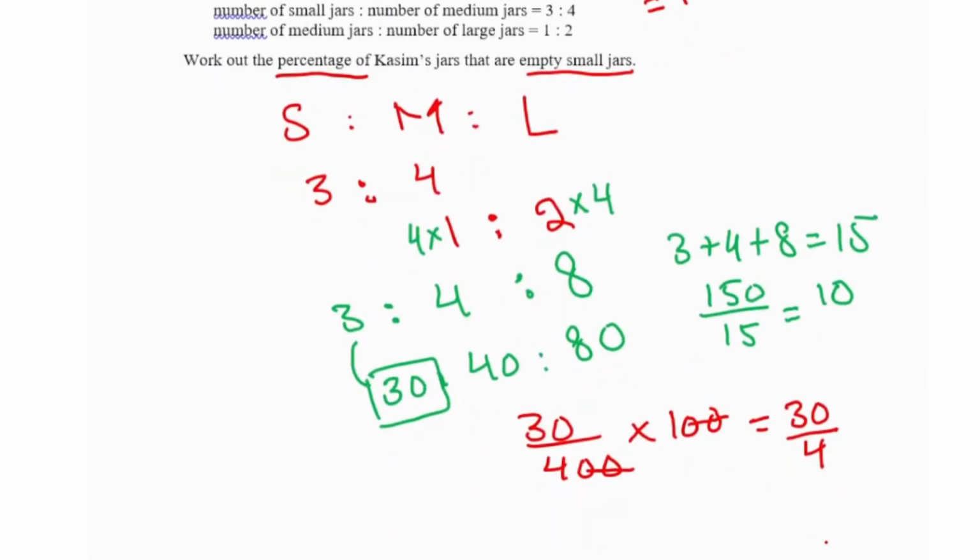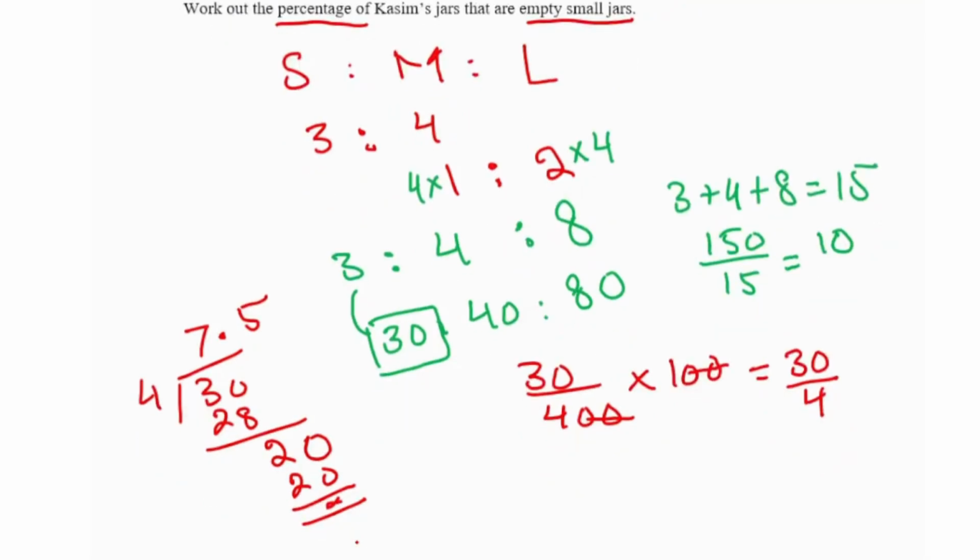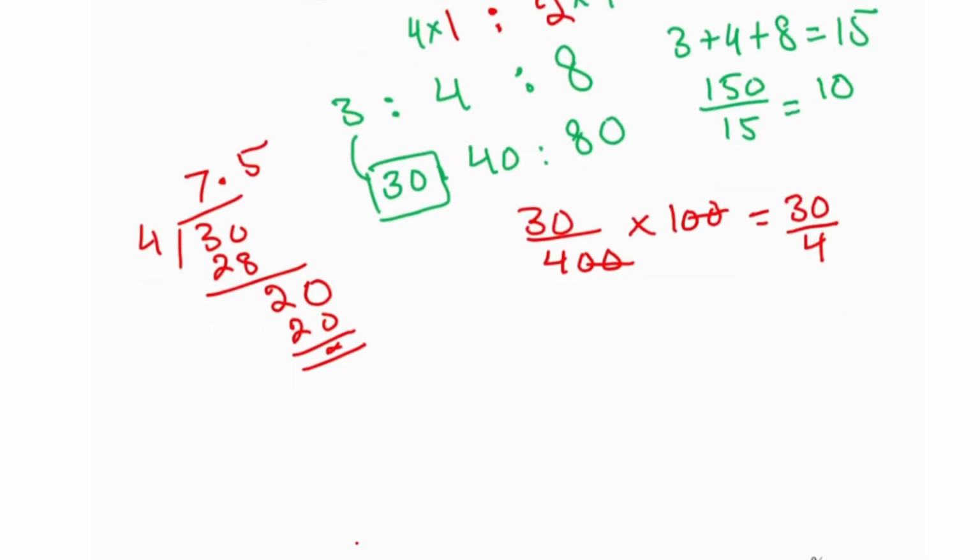Let's figure it out. 7 times 4 is 28, remainder 2, so we put a decimal point there and add a 0 here. 4 times 5 is 20. So we write down 7.5%, the percentage of empty small jars.